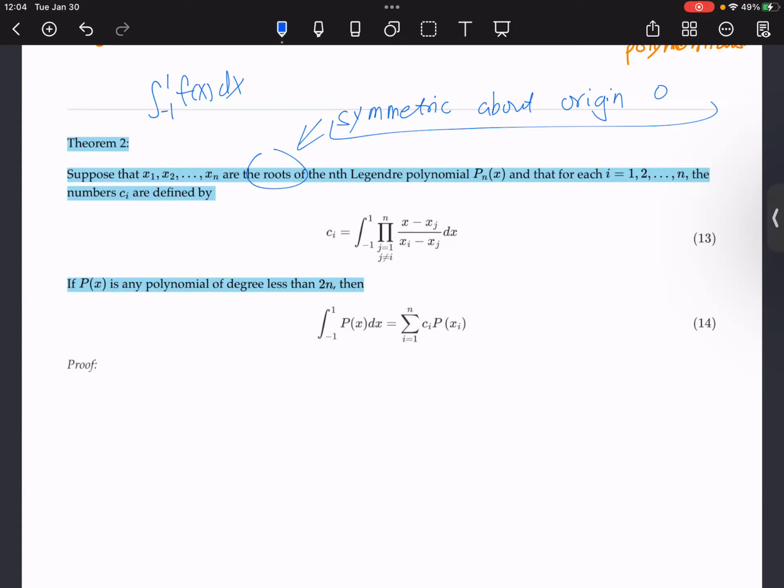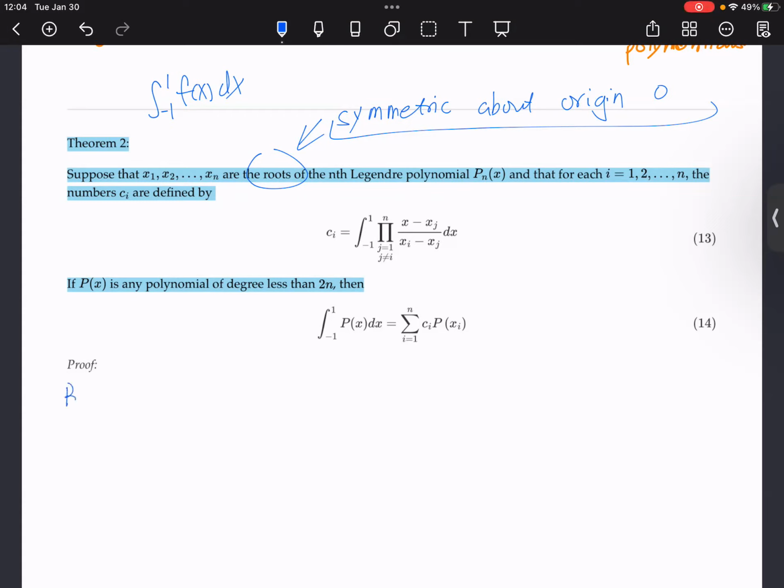So let's see why this is true. Why do we have the degree of precision equal to 2n minus 1? So let's take a look at the basic situation first.